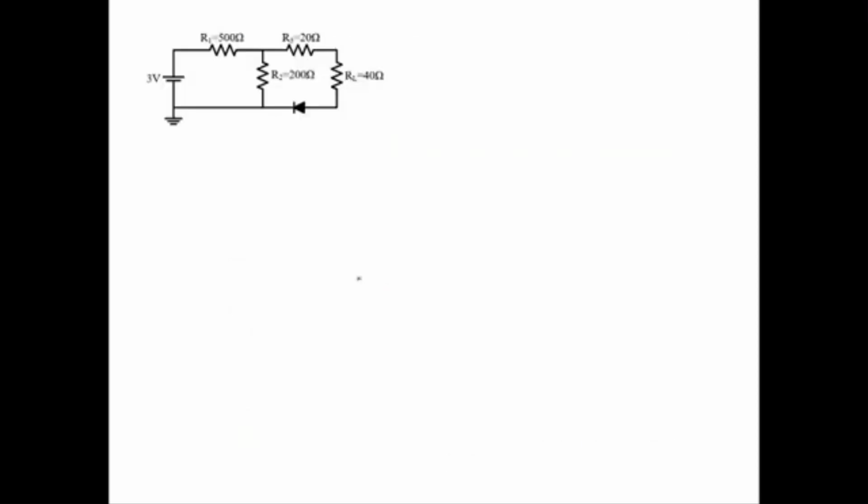The first step is to simplify the circuit using Thevenin. You want to simplify this part, the part that includes 3 volt, R1 and R2. So here you want to transform the circuit into something like this.